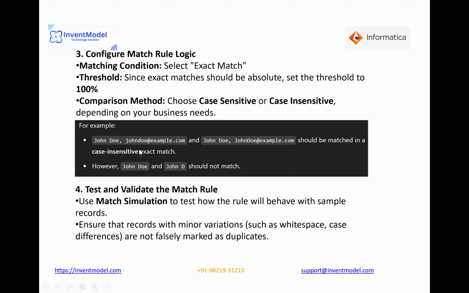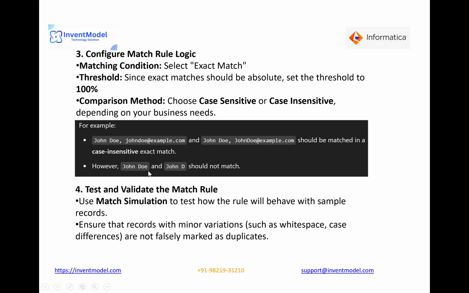As we can see, the difference between the two records should be matched in a case insensitive exact match. So the values are the same, but the case is different. So this should come in case insensitive exact match. But this won't be counted as a duplicate because this is the same value, just the case difference is there. So this is what it is saying.